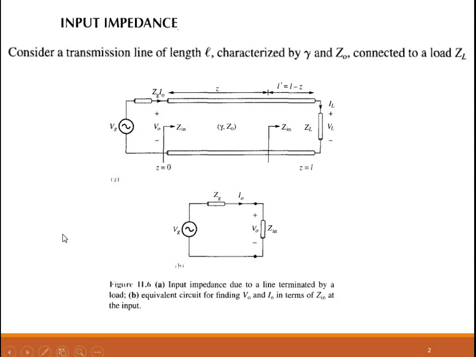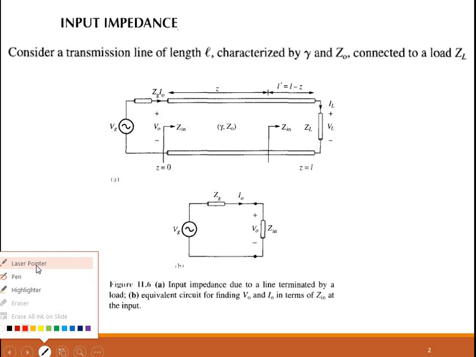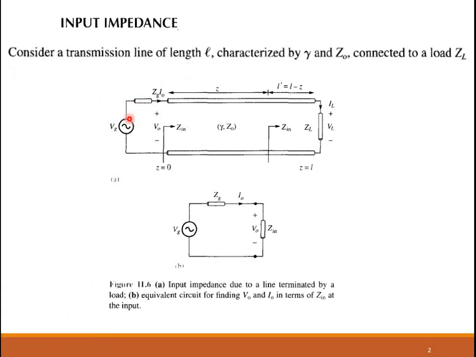For that, we're going to consider a transmission line which has a length L, and it is characterized by gamma and Z0. I presume all of you know what gamma and Z0 are. Gamma is the propagation constant, Z0 is the characteristic impedance, and it is connected to a load ZL.